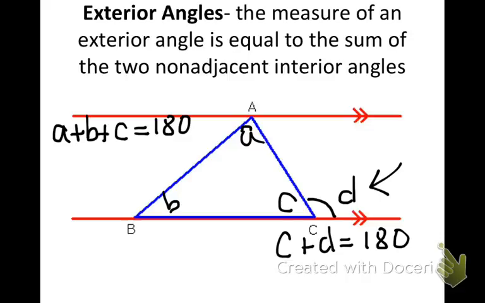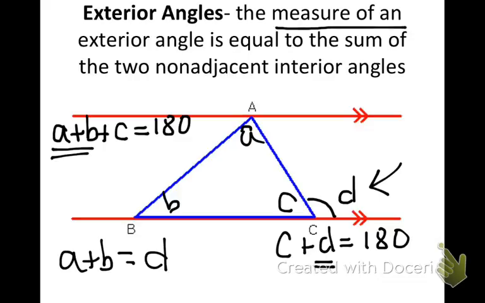And I know C plus A plus B must equal 180. So that must make A plus B equal to D. And that's what this means.